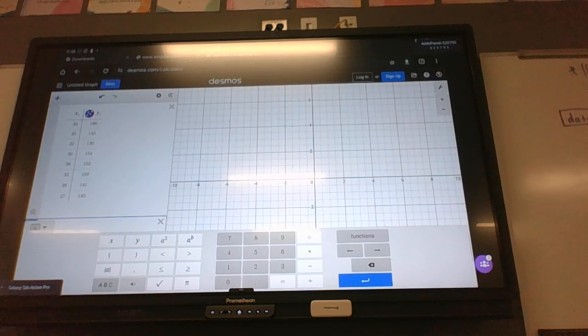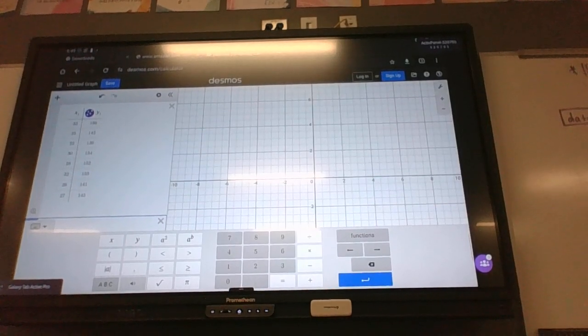Okay. Next to LinReg, what does it say? It says ax plus b. In this calculator, instead of calling slope m, they call it a. You're going to hit enter. Later in the year, we'll do quadratic regression.